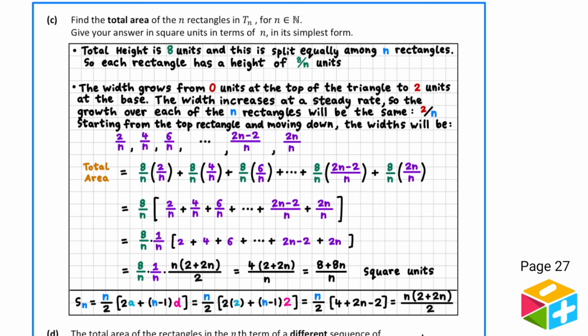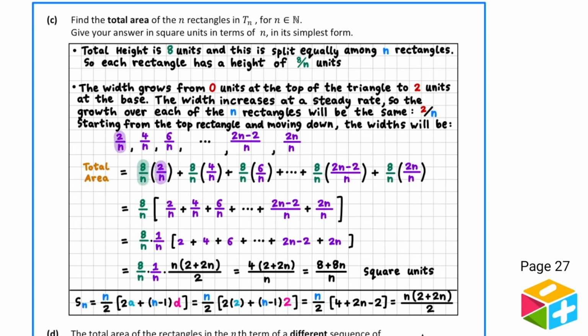So, we know that the height of each rectangle is 8 over n, and we have a list of all the rectangle widths. To find the area of each individual rectangle, we simply multiply together the height by the width. The highest rectangle will have an area of 8 over n times 2 over n.